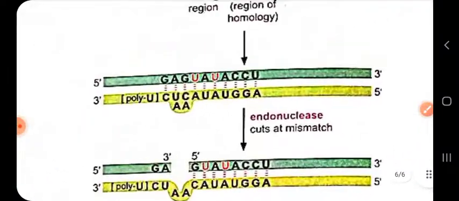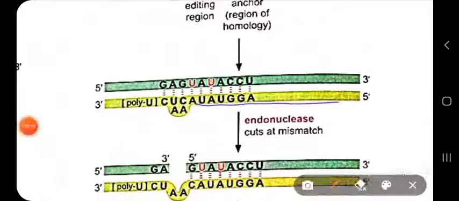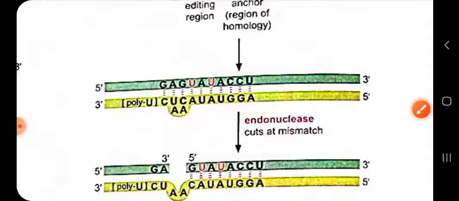Now the guide RNA and the mRNA are base pairing with one another, but where the adenine residues are there, complementary to these adenine residues, we have to insert U. We have to insert uracils to be edited actually, here in this example of trypanosomes mitochondrial RNA. So that's why a loop-like formation occurs here.